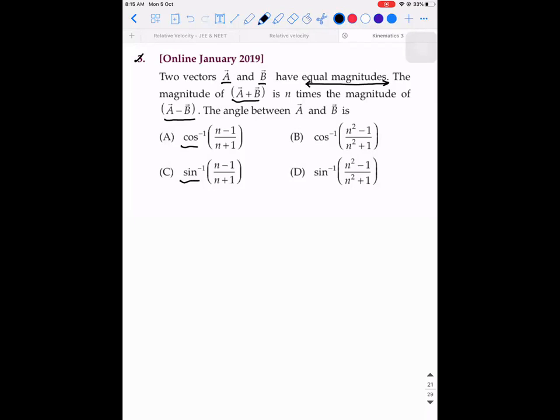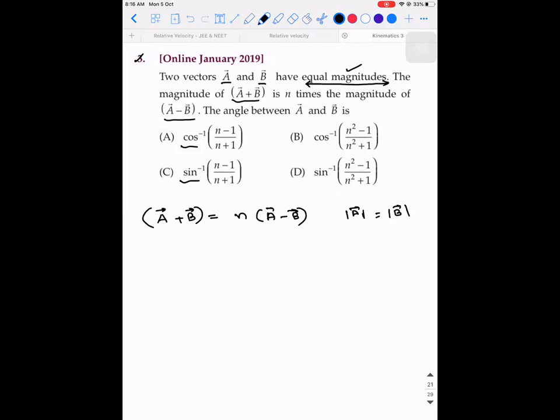Between two vectors, if you need to involve cos theta, what kind of product are we supposed to think of? Dot product. They have told A vector plus B vector is n times A vector minus B vector. And magnitude of A vector is equal to magnitude of B vector, because they are of equal magnitudes.